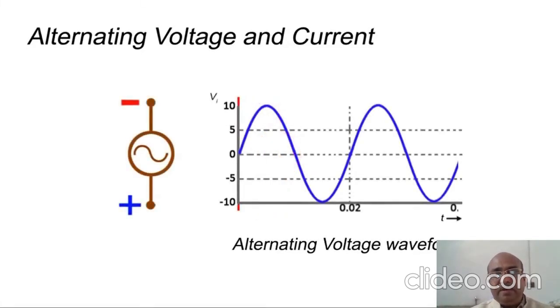And if you see the waveform of this AC voltage and current, it increases, takes the maximum value, then again comes to 0, then again it increases to the negative side, and then it again becomes 0.